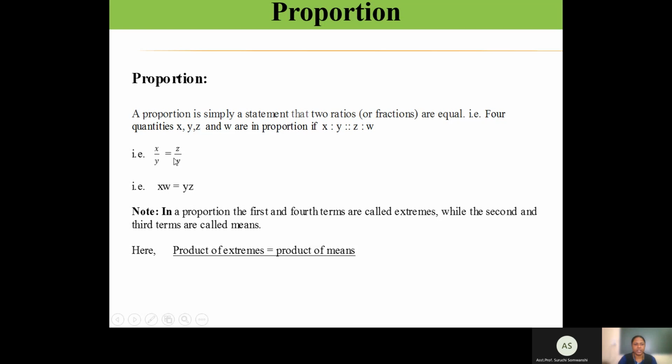So here we will get x into w, which is equal to y into z. In a proportion, the first and the fourth terms are called extremes, while the second and the third terms are called means. And here you can see the product of extremes, that is x and w, is equal to the product of means. So this is about the definition of proportion.